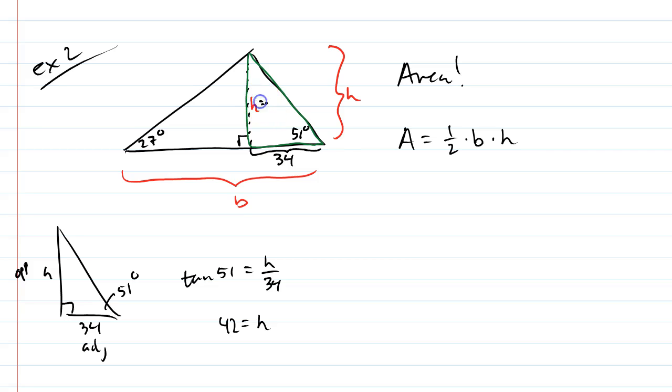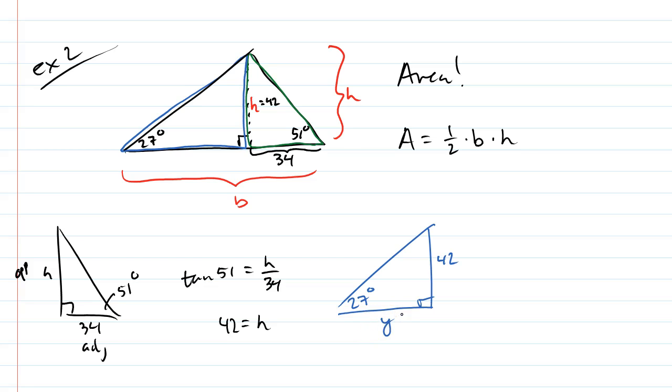Alright, but now that I know that's 42, I can think about the other triangle on the other side. That's a right triangle. The angle is 27 degrees, and the height is 42. So why am I doing this? To figure out b here, I need to know what this little part is, so I can add that to 34 and get the whole base of the triangle. So I'm going to call this y here.